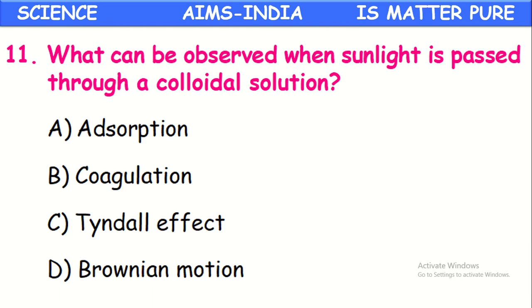A colloidal solution contains small particles of solid which are suspended in the liquid. So when light is passed through this colloidal solution, these solid particles scatter the light. That is called the Tyndall effect. So the Tyndall effect is observed when sunlight is passed through colloidal solutions.